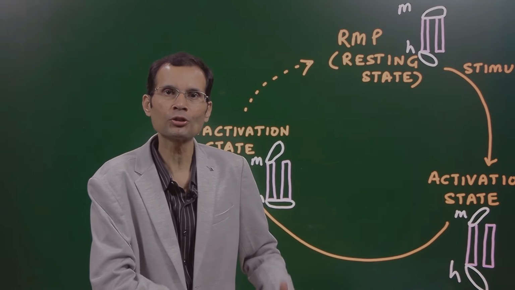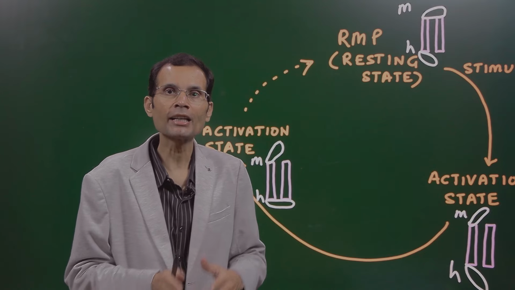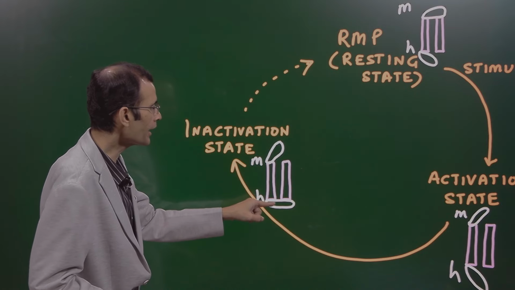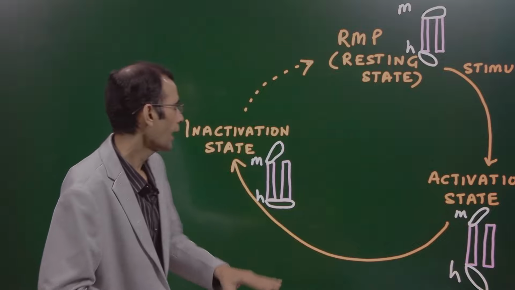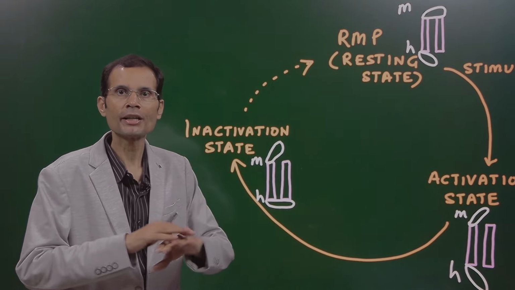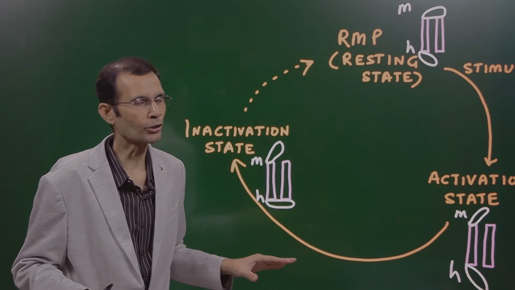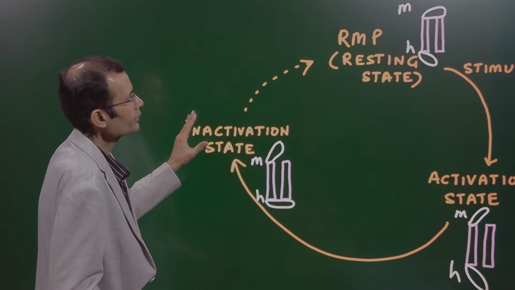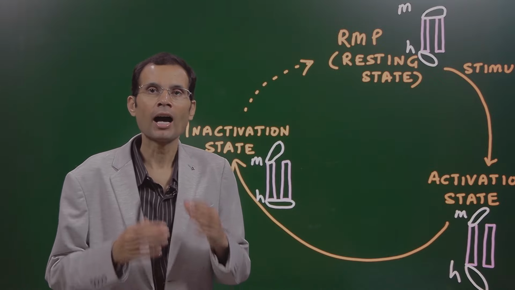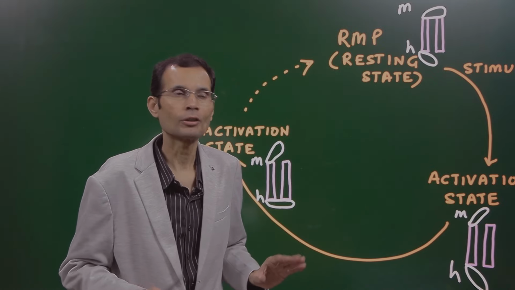This is also a closed state, but it's called the inactivation state because the H gates, the inactivation gates, are closed. That means the channel is closed now, inactivated, sodium influx cannot happen, and sodium influx will stop. Now, sodium channels are not excitable at all.